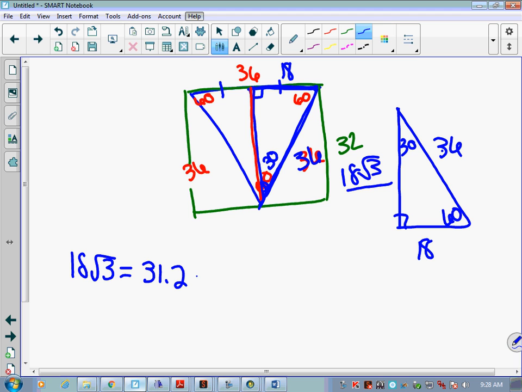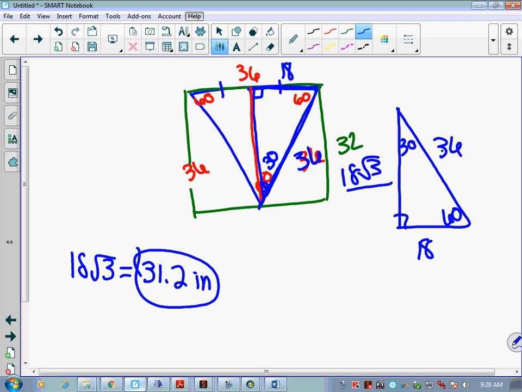Well, let's just round that up to 31.2 inches. Okay? Is 31.2 inches shorter than 32 inches? So do I have enough metal to make my sign? Okay, so this is the answer that we needed in here. We needed to find the height was 31.2.